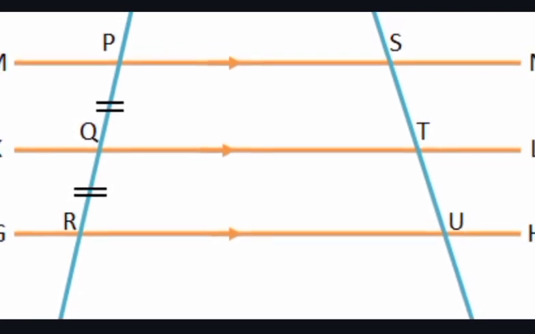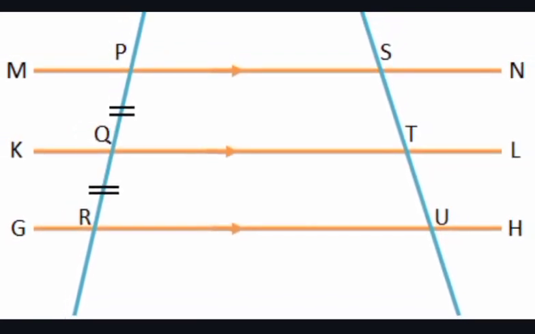Now let us look at what we have here. The lines MN, KL, and GH are parallel lines. And the blue lines we have here are called transversals. That is, lines that cut through parallel lines.